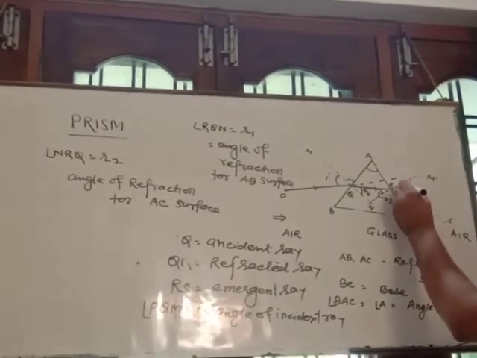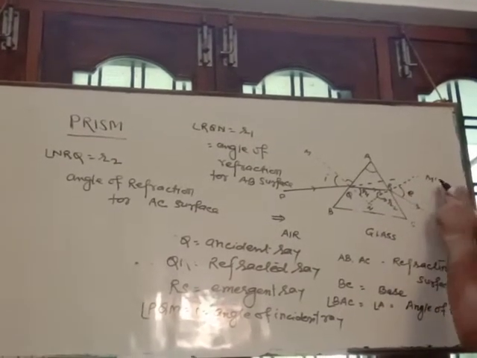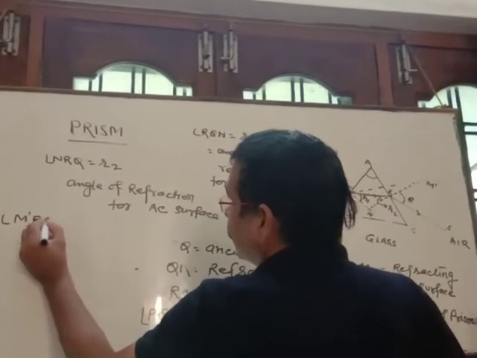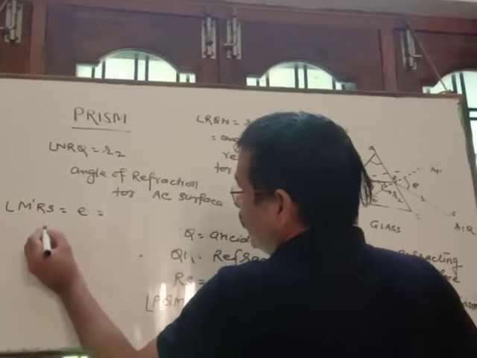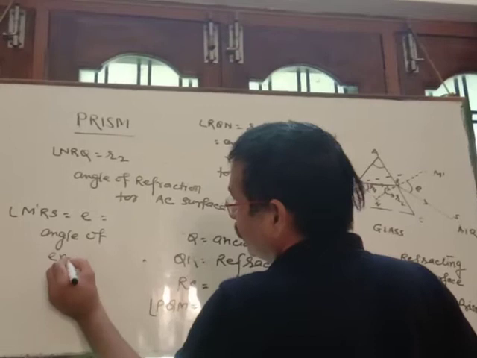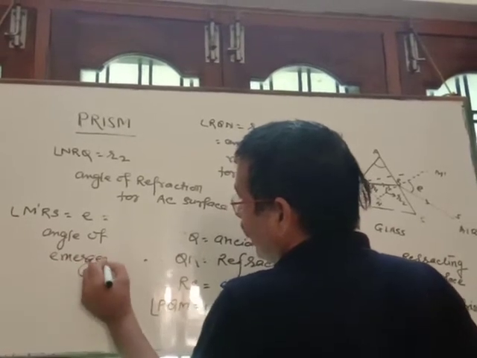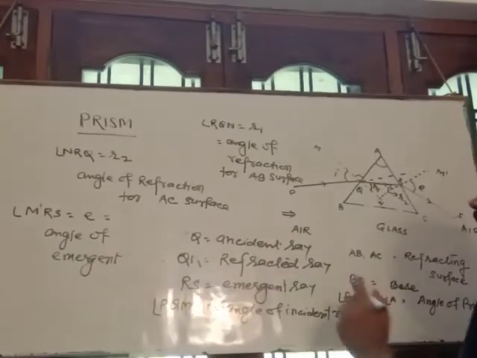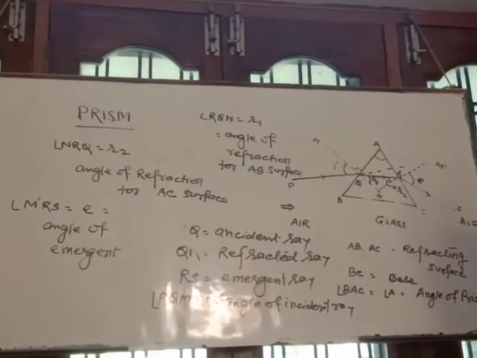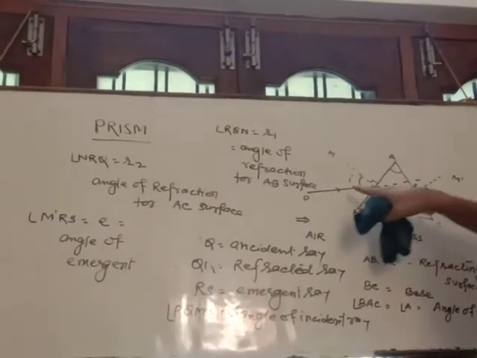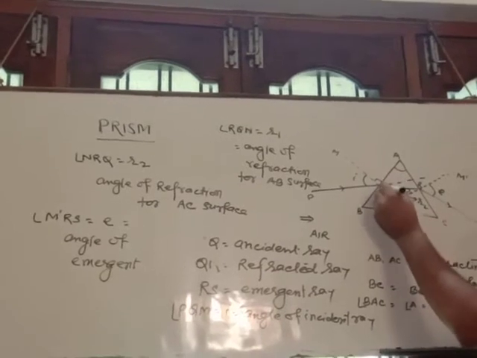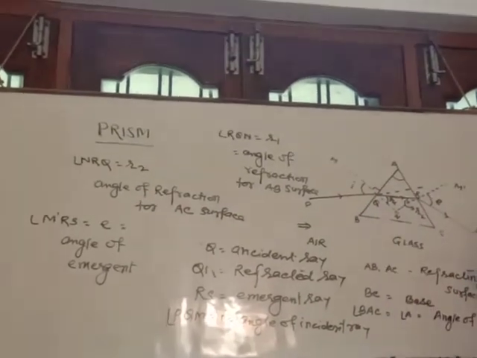This angle M dash RS is denoted by small e, which is called the angle of emergence. The angle of emergence means the angle between the emergent ray and the normal. The angle between the incident ray and the normal is the angle of incidence. The angle between the refracted ray and the normal is R1, the first angle of refraction.